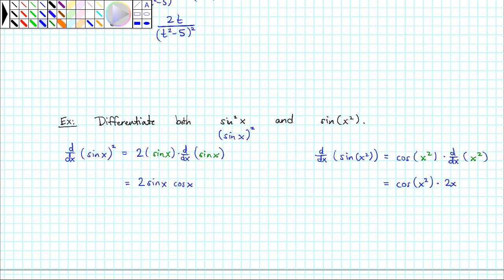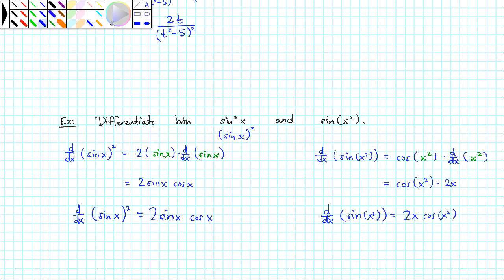So let's actually write conclusion statements. The derivative with respect to x of sine squared x equals 2 sine x cosine x, and the derivative with respect to x of sine of x squared equals 2x times cosine of x squared.